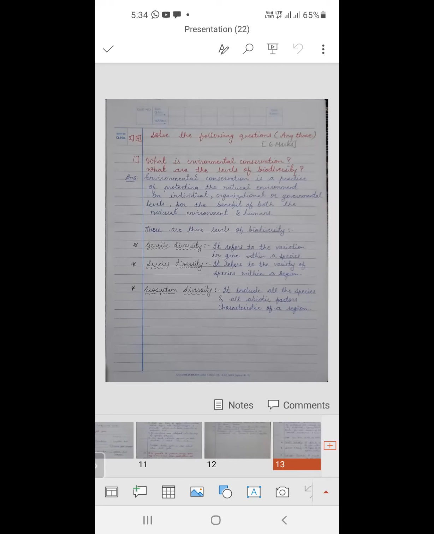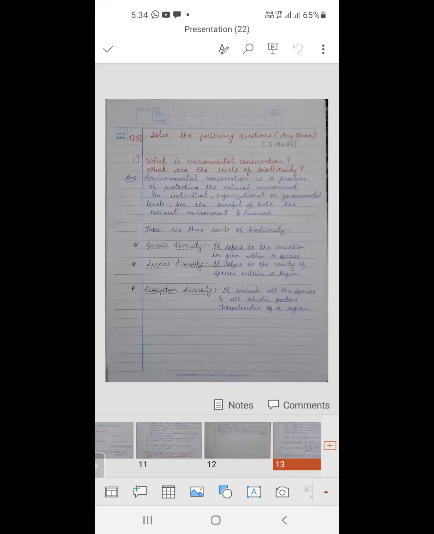So what is it? Environmental conservation is a practice of protecting the natural environment on individual, organizational, or governmental levels for the benefit of both the natural environment and humans.